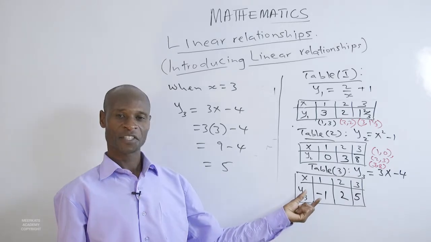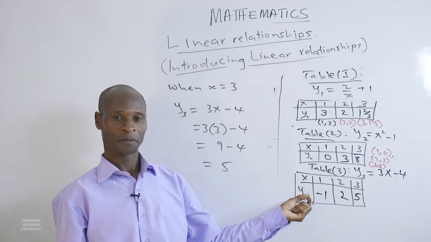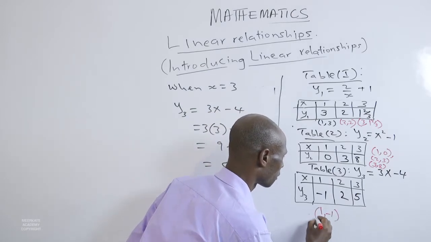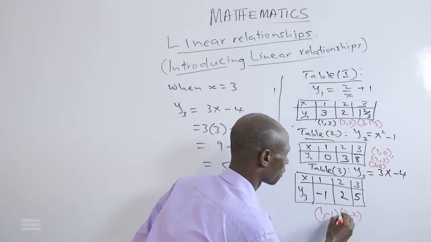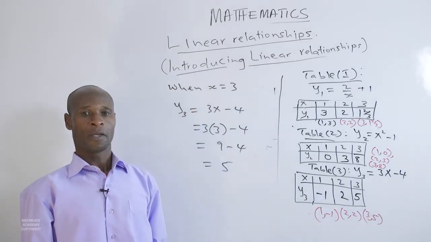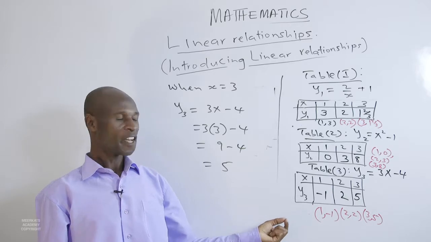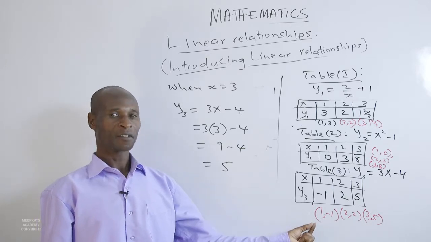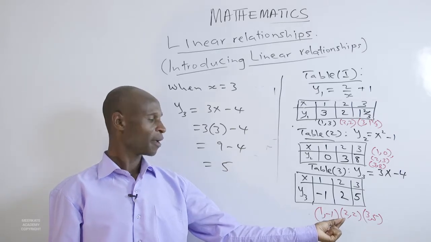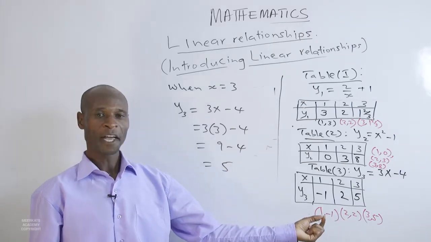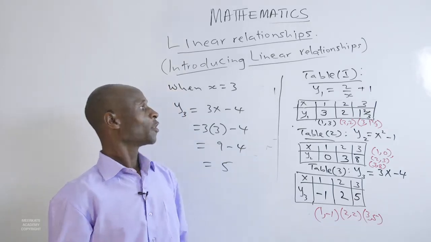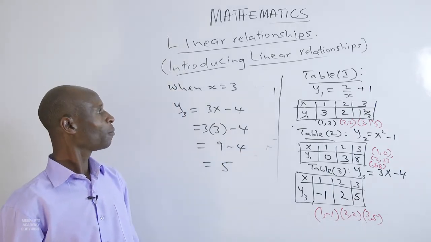We can repeat the same for table 3 as follows. In table 3, the coordinates are (1, -2), (2, 2), and finally (3, 5). That is how we complete the table.